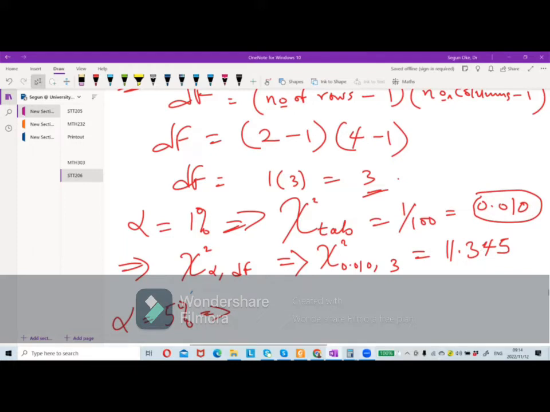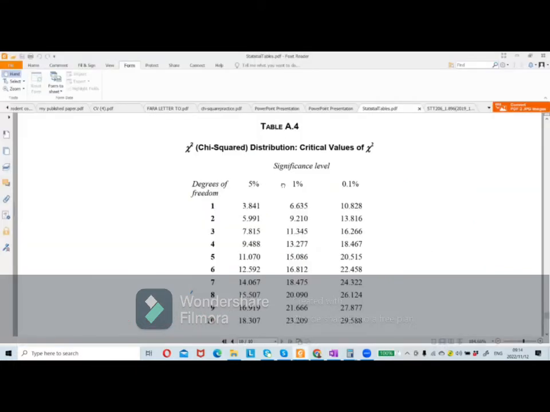The one I showed you now puts it as 1%. Some will just put 0.01. So if you don't remove the percentage, you might not easily get it. That is why I'm doing this.